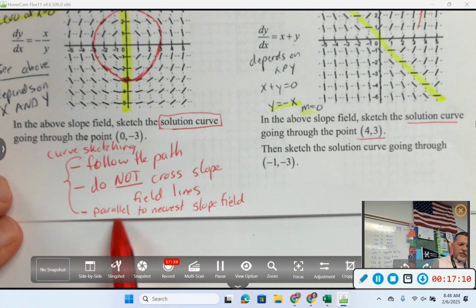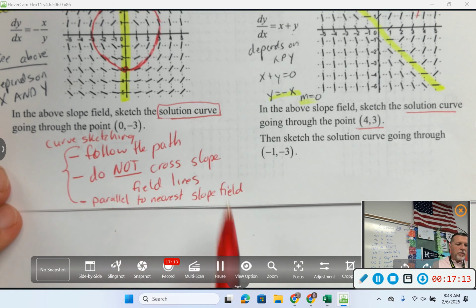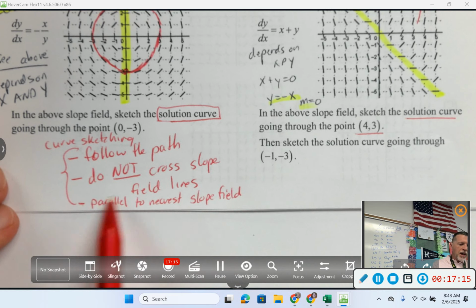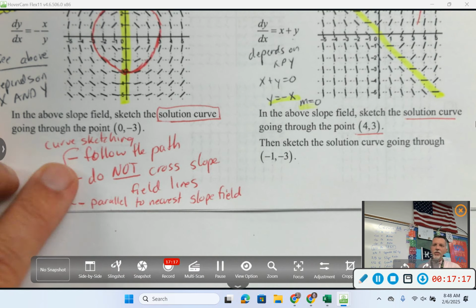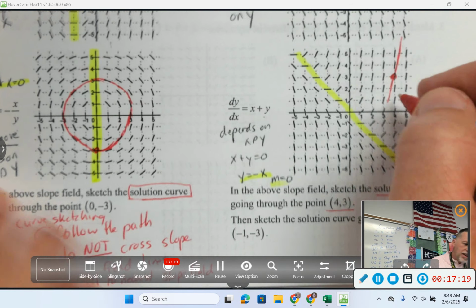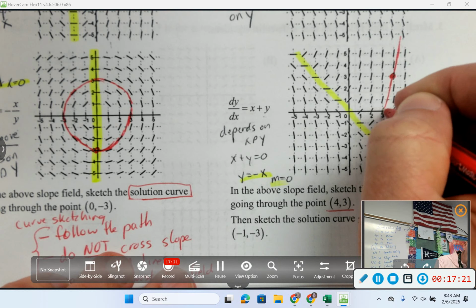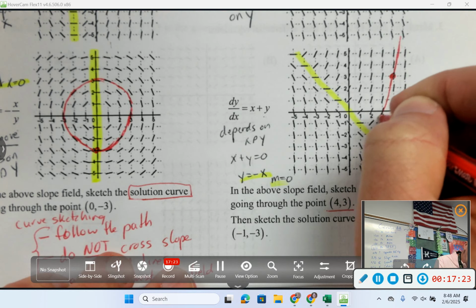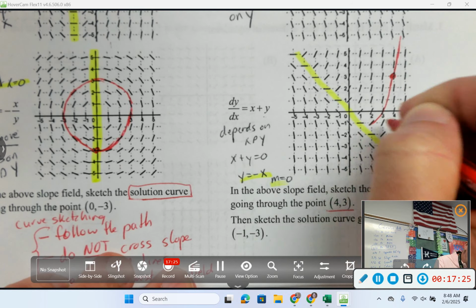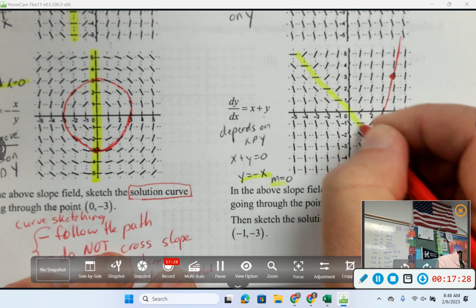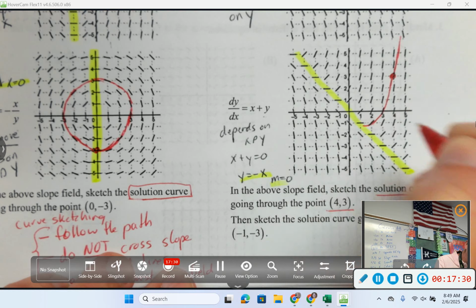By the way, all 3 of these things kind of say the same thing: just follow the path, don't cross a slope field line, meaning be parallel to the closest slope field. So I'm trying to do that on this one. Then this one makes a turn here, because when I hit y = -x, I have to be parallel.